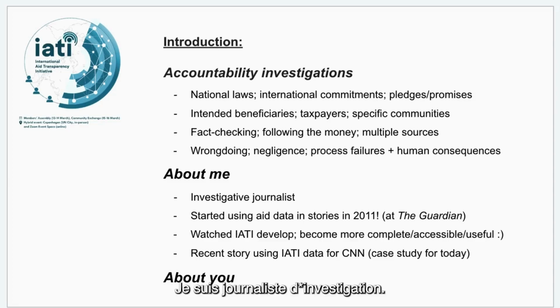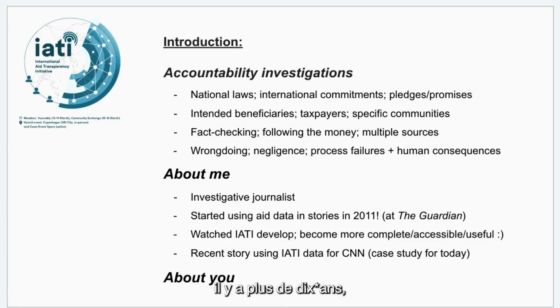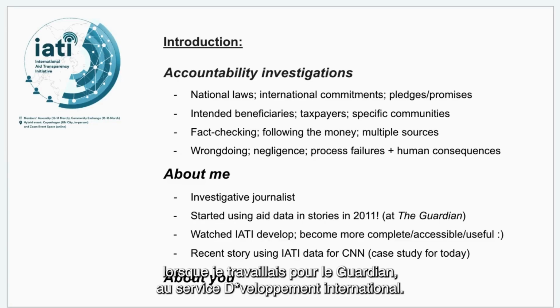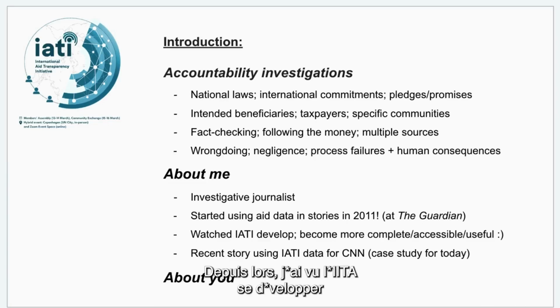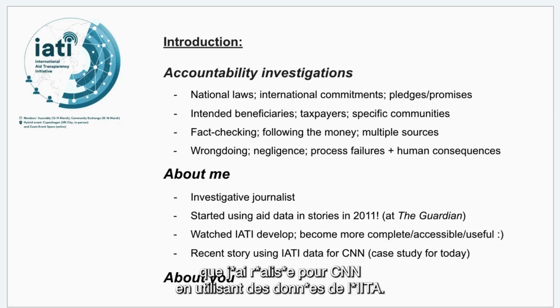So I'm an investigative journalist, and I actually started using aid data in my stories around 2011, so more than a decade ago, when I was at The Guardian on the global development desk. Since then, I've watched IATI develop and become increasingly useful and accessible. I saw this particularly in the recent story using IATI data for CNN that I will talk more about now.